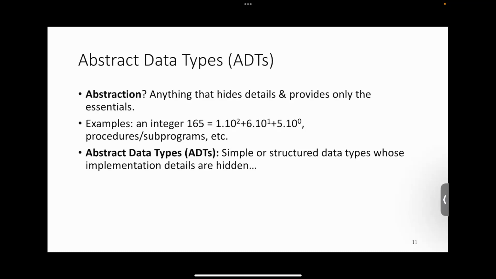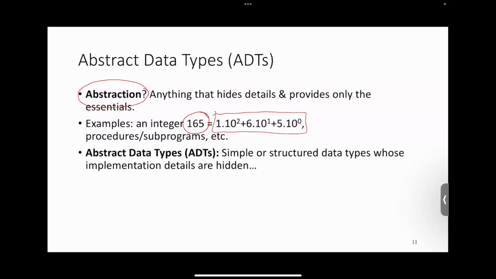So the details are hidden from the user. If the details are hidden, we call that abstraction. For me, the detail of the car engine is abstract, but I know how to operate it, how to drive it. I just know that much detail. Similarly, if a data type hides something, for example, you know how to store 165 as an integer, but how it is actually stored in memory, or how the computer operates, you do not know as a user, right?